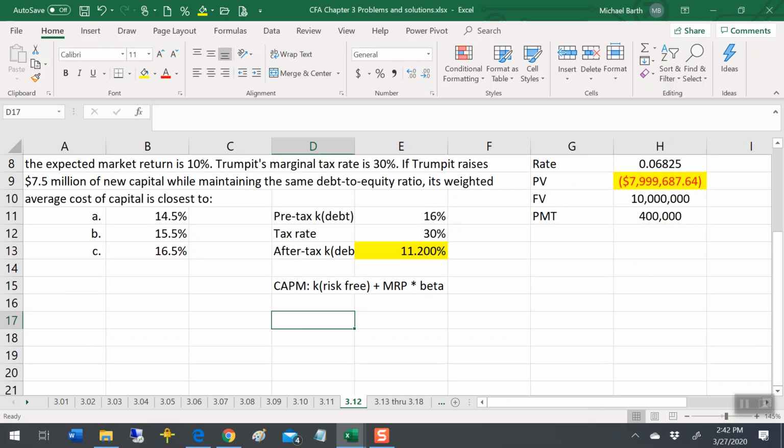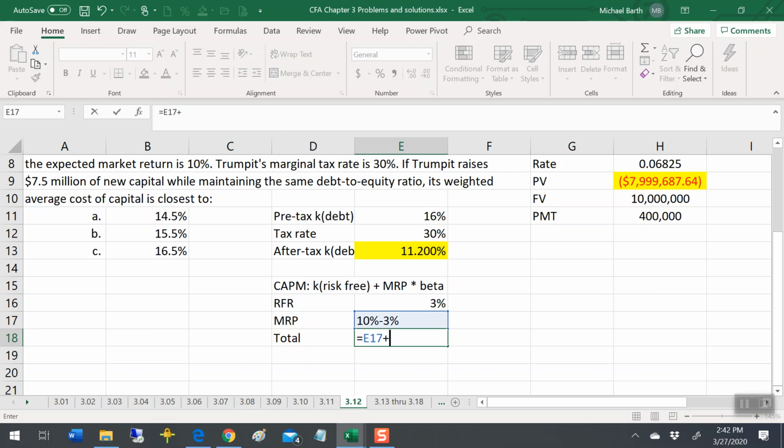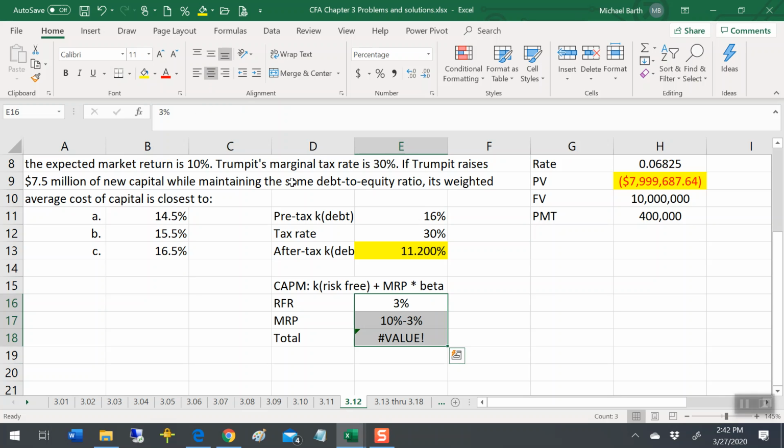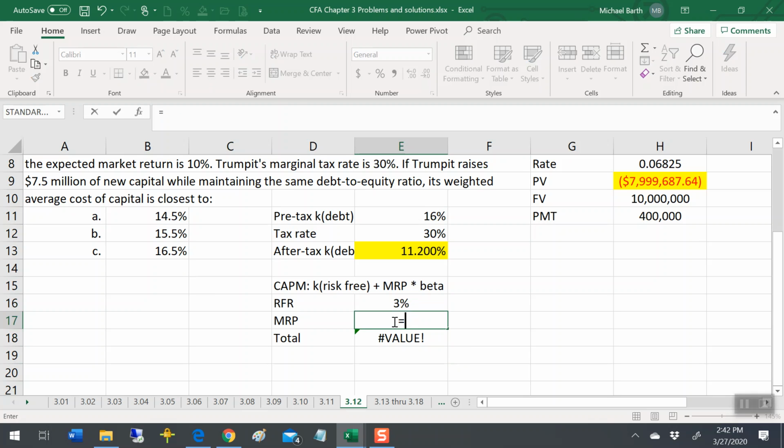So the market risk premium is 10% minus the risk-free rate of 3%, which is 7%, and that means that the market total return is 10%.